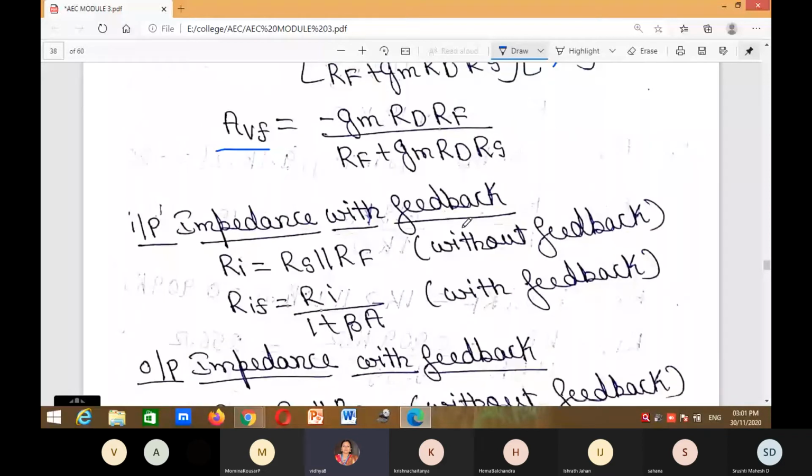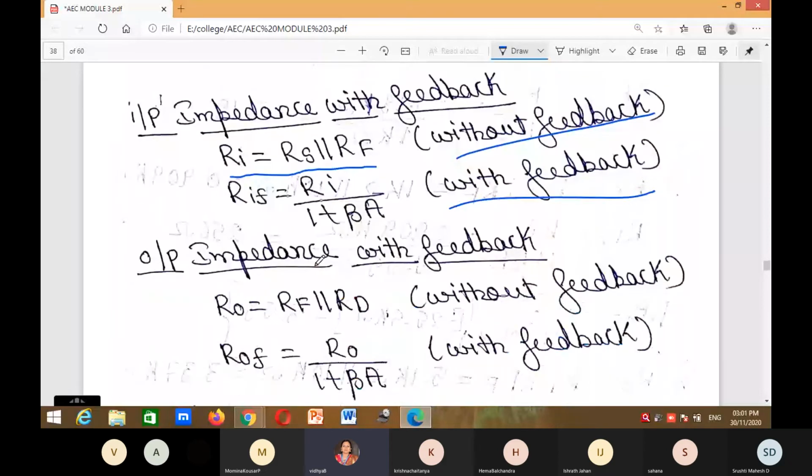Input impedance with feedback. Ri is equal to Rs parallel Rf. This is without feedback. When you consider feedback, then Rif is equal to Ri divided by 1 plus beta A, that is with feedback. Output impedance: R0 is equal to Rf parallel Rd.